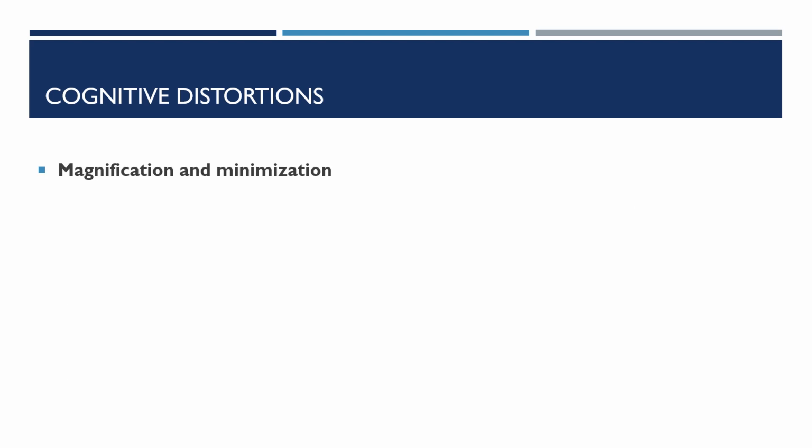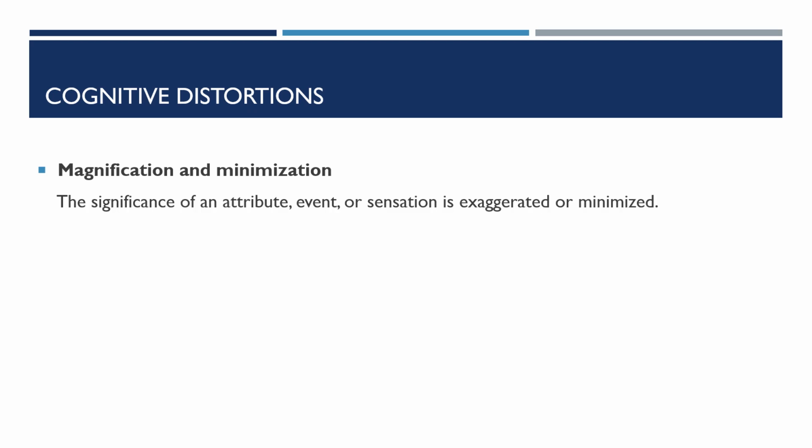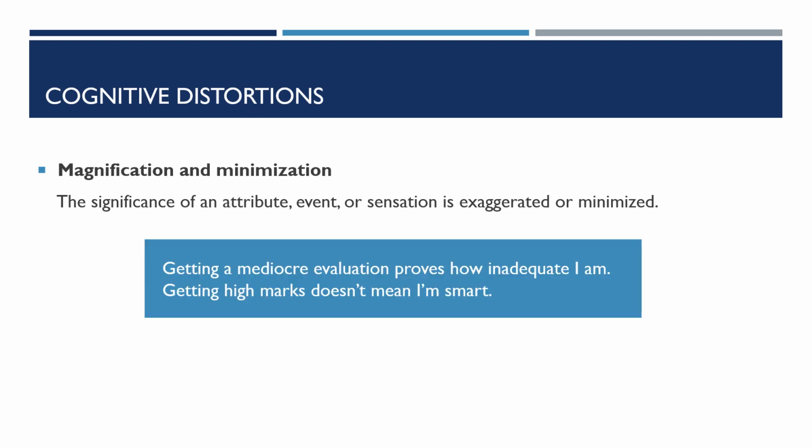Other cognitive distortions often go together: magnification and minimization. The significance of an attribute, event, or sensation is exaggerated or minimized. Oftentimes, clients with depression or other psychiatric conditions tend to magnify negative aspects while minimizing positive aspects.